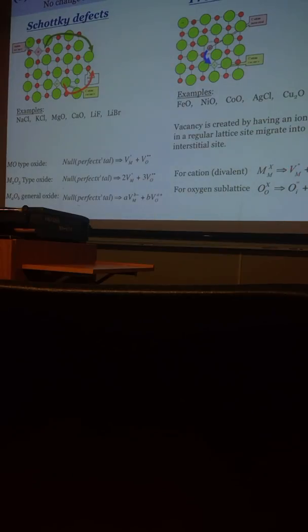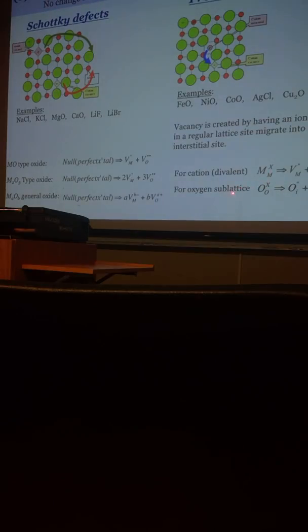So the interstitial site carries the 2 plus and the vacancy is the 2 minus. So the charge is balanced. Now, oxygen is also possible: the oxygen site creates an oxygen vacancy and then the oxygen goes to the interstitial site. So I can ask you a similar question: which one do you think is more susceptible to the Frenkel defect?